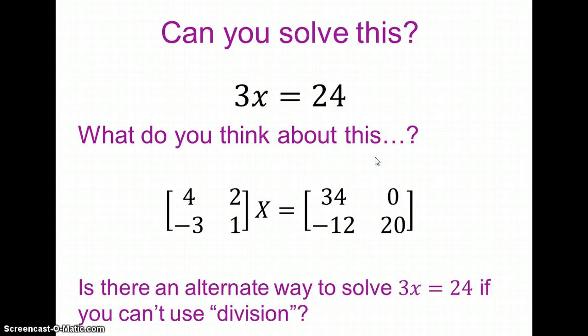Now, obviously, with a matrix, the inverse of a matrix is not going to be the same as the reciprocal of a number. So we're going to have a different way of finding the inverse of a matrix. And that's what we're going to start off with today. How can I find an inverse of a matrix so that I would be able to solve an equation like this one?